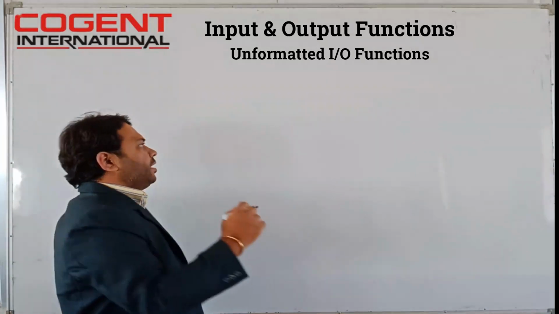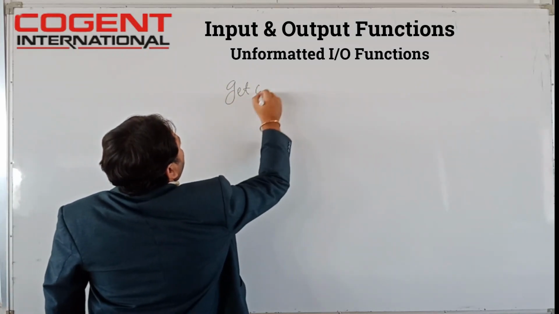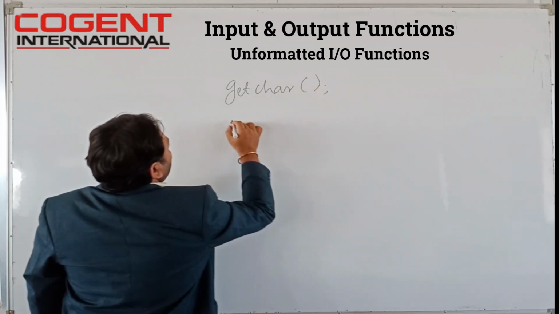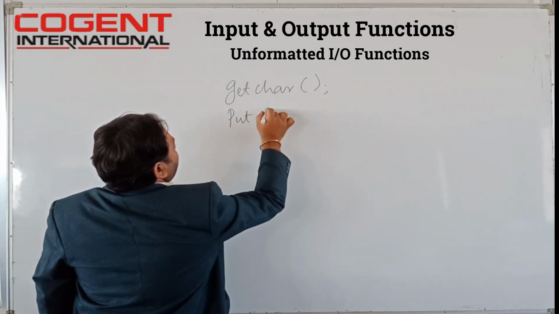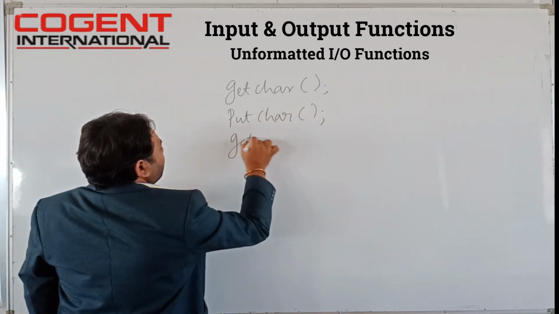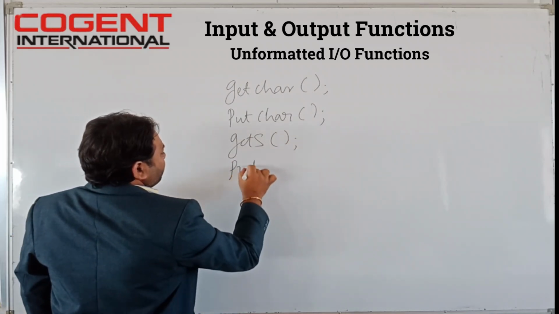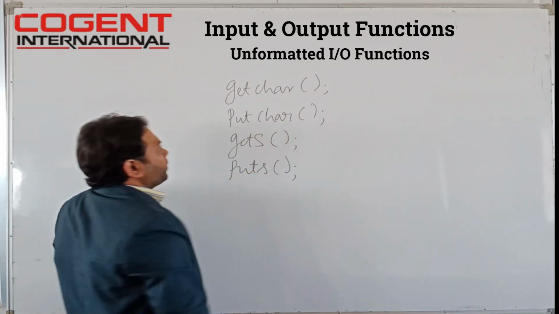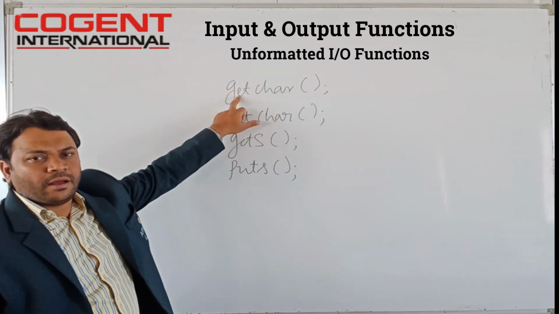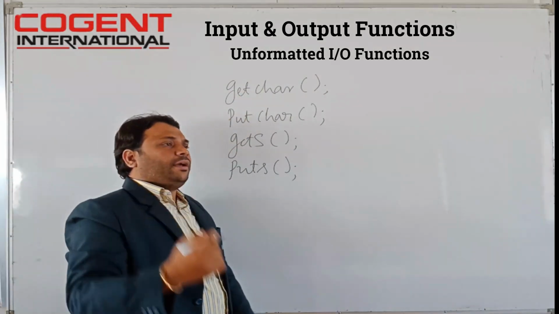Okay, so the unformatted IO functions are getchar, putchar, and gets and puts. So getchar gets a single character, like the alphanumeric characters.